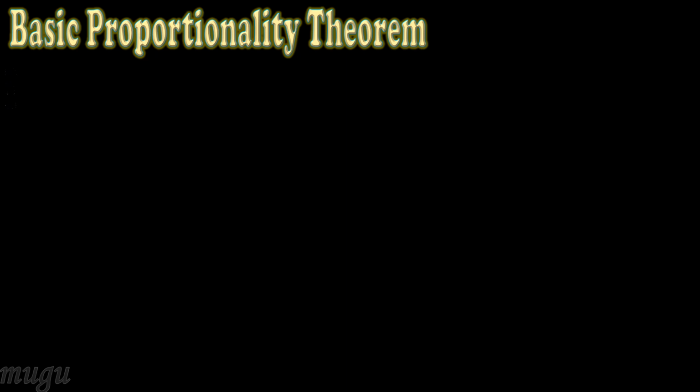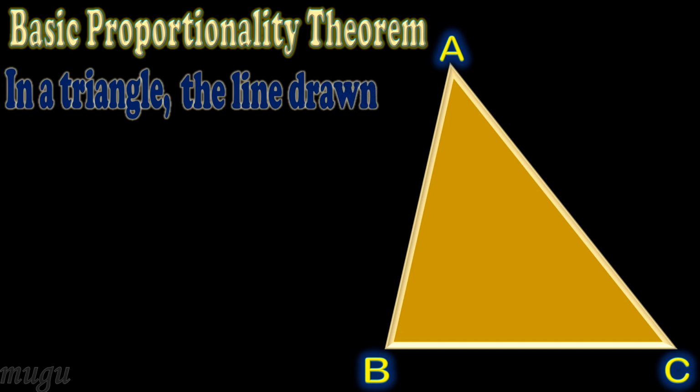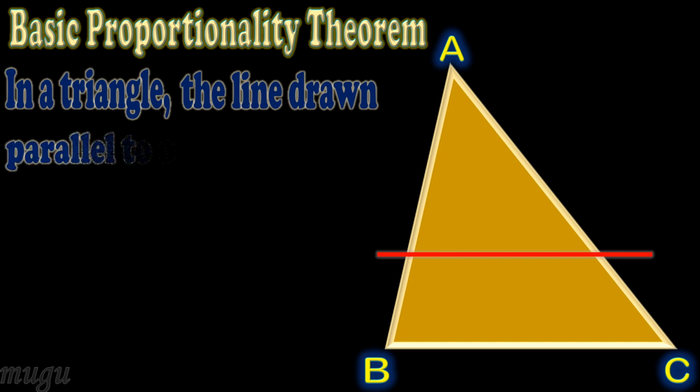So in a triangle, let us draw a triangle and name it as ABC. The line drawn, so let us draw a line. With what condition? Parallel to one side.